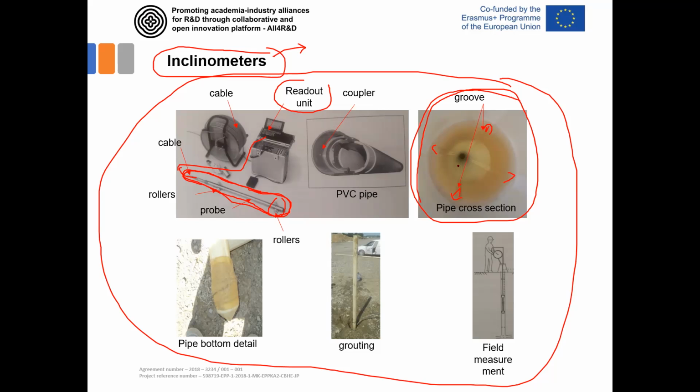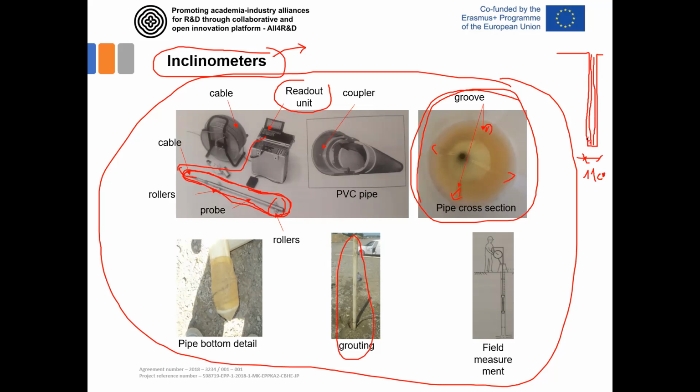So the first thing when installing inclinometers in the ground, we need to drill a borehole. After that, we put this plastic, PVC or aluminum pipe into the borehole. The diameter of this pipe is about 7 centimeters, while the diameter of the borehole is around 11 centimeters.